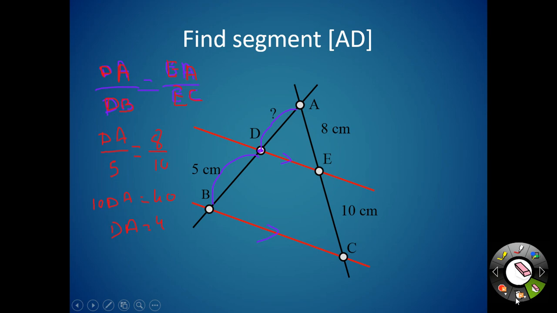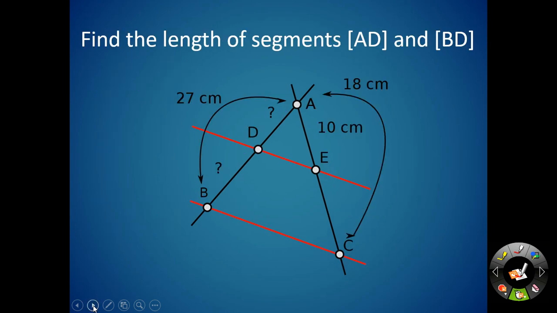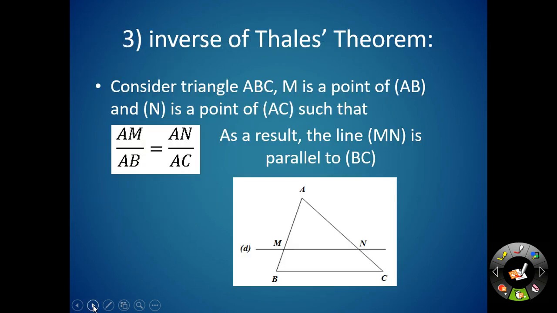I still have the inverse of Thales. Now, the inverse of Thales: consider the triangle ABC, M is a point of AB and N is a point of AC. Two proportionality ratios are enough.